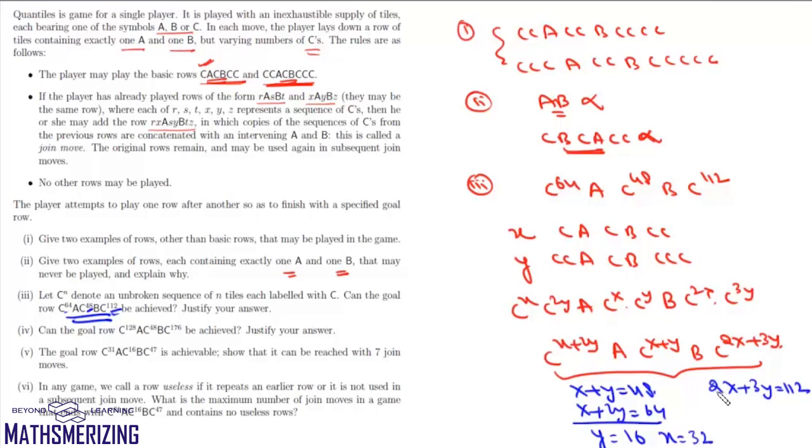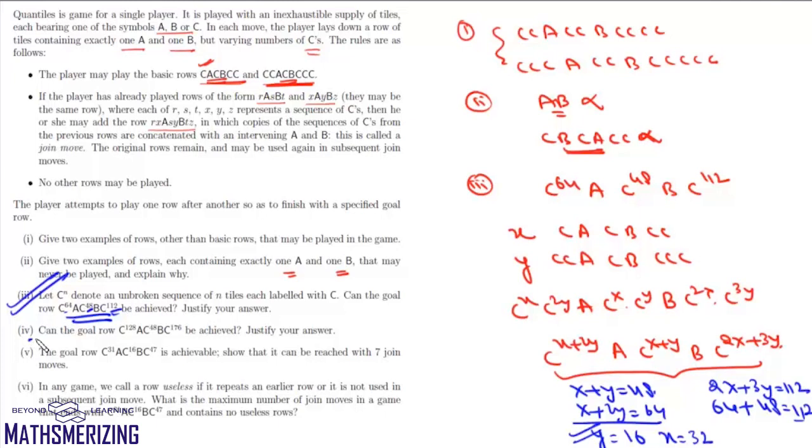Now we'll put x and y in this third equation. We'll get 64 plus 48, which is 112. So these two values of x and y satisfy this third equation. So it is possible to have this combination, C to the power 64, A, C to the power 48, B, C to the power 112.